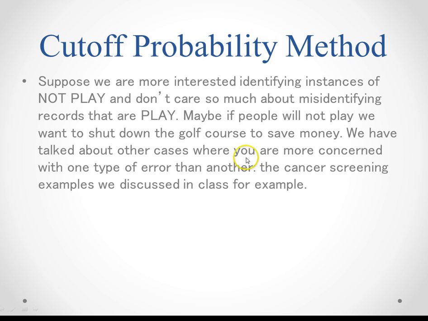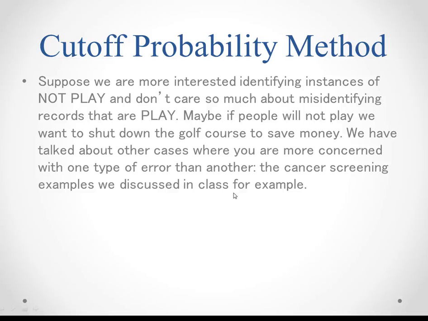We've talked about other cases where you are more concerned with one type of error than another. The cancer screening examples we discussed in class, for example, right? We don't want to classify somebody as not having cancer when they actually have it, and I'm more willing to make the error of classifying somebody as having cancer when they don't have it.